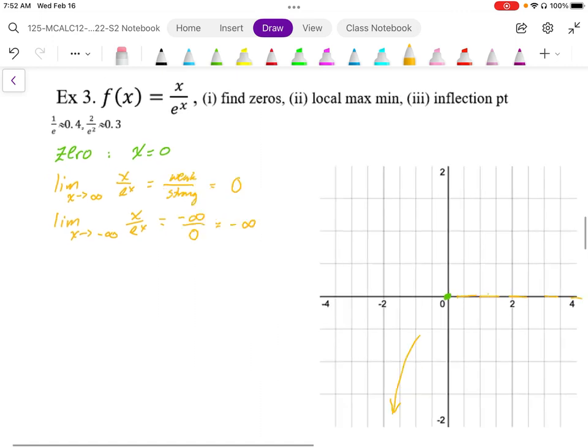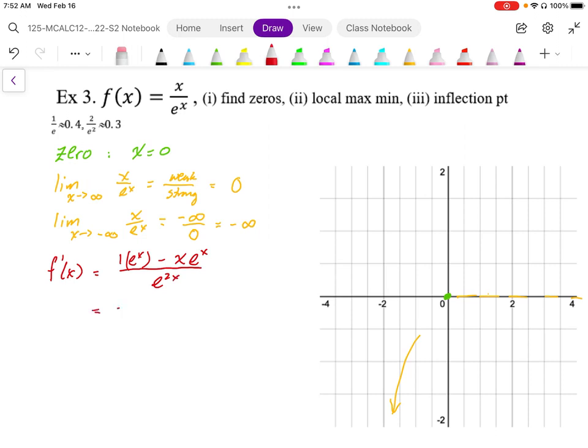Okay, so we've established no vertical asymptotes, zeros, horizontal asymptotes, and endpoint behavior. So we want to look for local mins and maxes. So we need a derivative. Differentiating this, we differentiate the numerator, multiply it by the denominator, minus the numerator times the derivative of the denominator, all over the denominator squared.